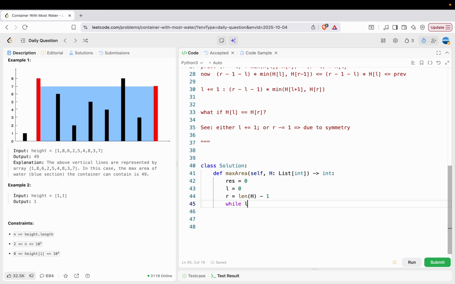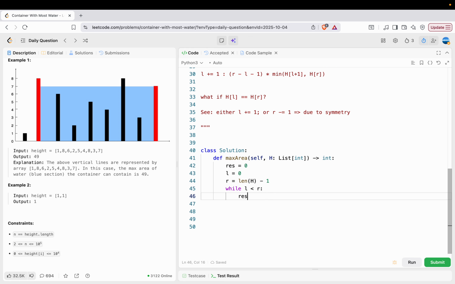And then we can do the two pointers while L is less than R. We don't consider L equals R, because if L equals R, it has no positive result. Then first we update the result to be the max of the previous result and the min of height L and height R, times the width, that is R minus L. Now we are going to do comparisons.